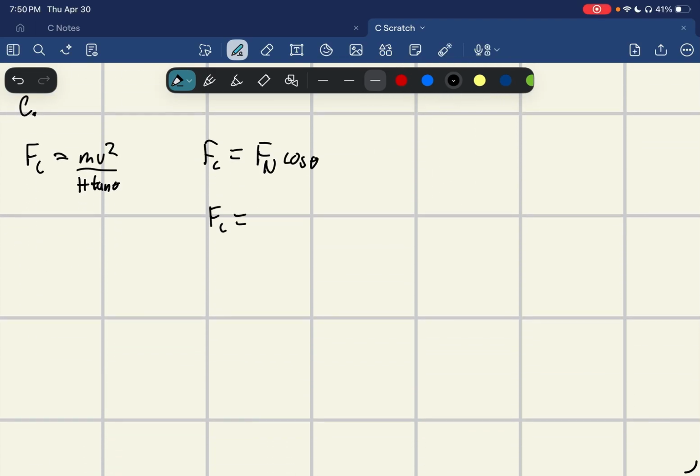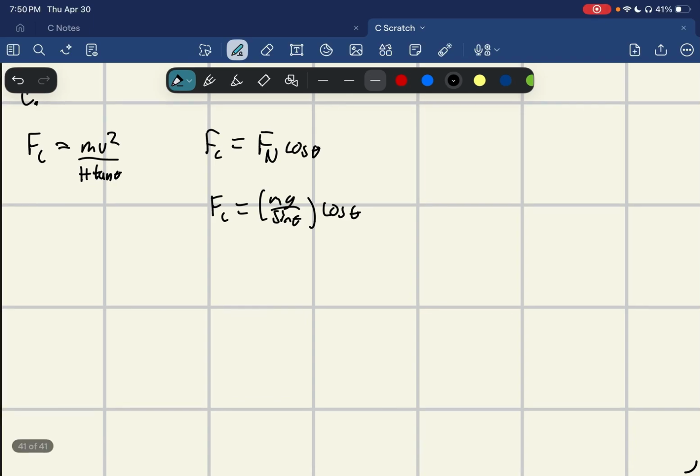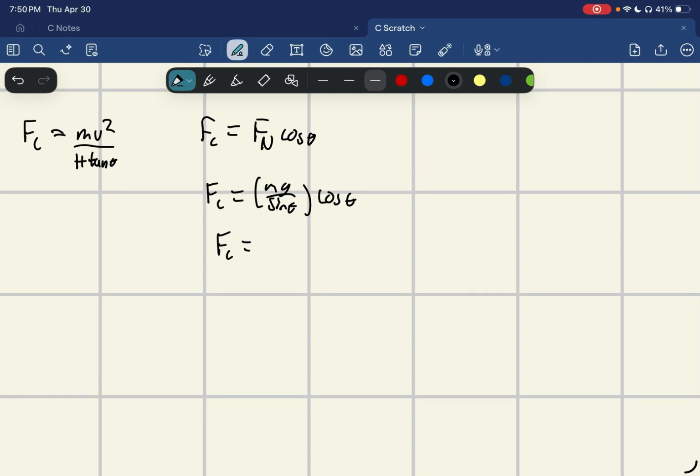So replacing that, we're left with mg over sine theta times cosine theta, and cosine theta over sine theta is cotangent theta, so Fc is equal to mg cotangent theta.